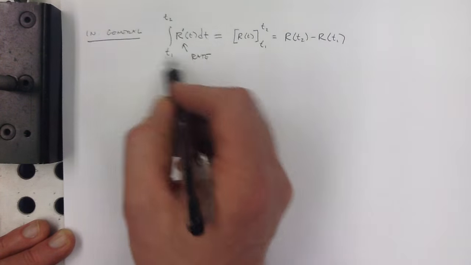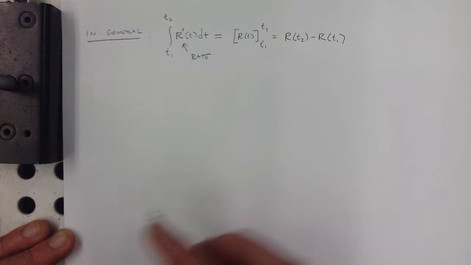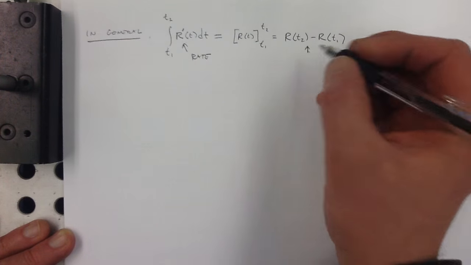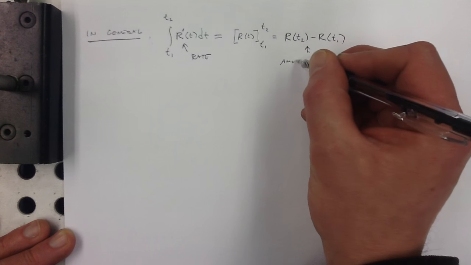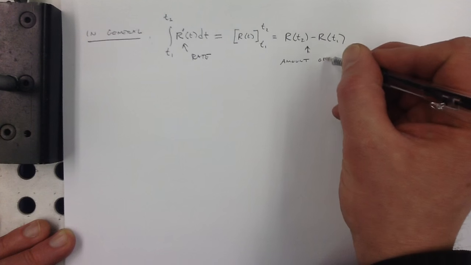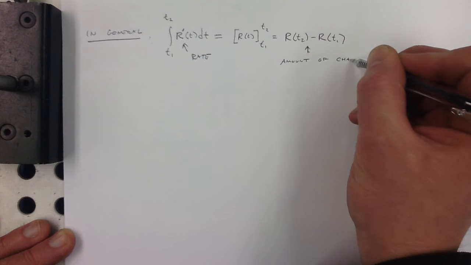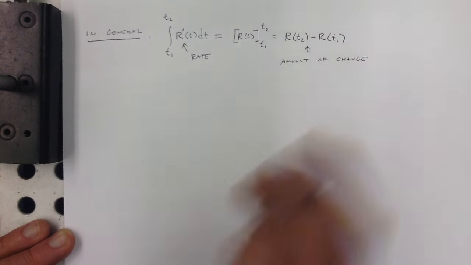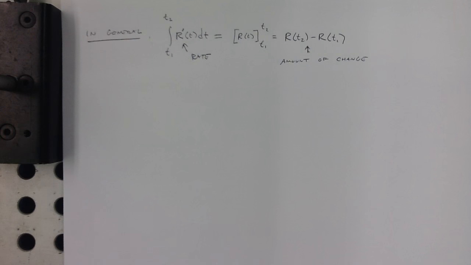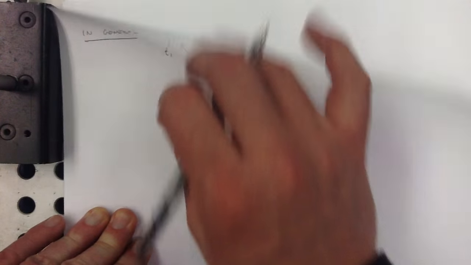So what does it mean when we find this integral? It means that we find the amount of change in whatever the original function is. So that's just a general idea, and we're going to put that into practice here with a couple different problems.